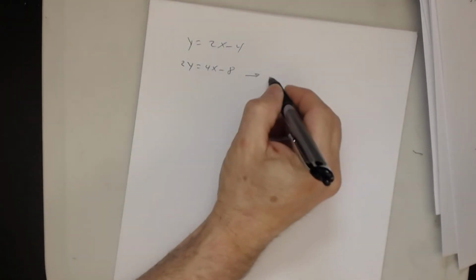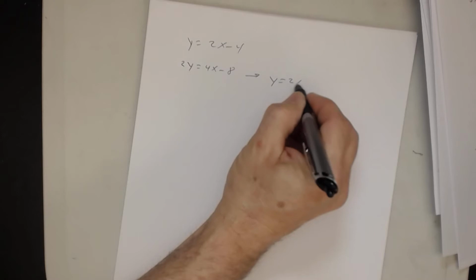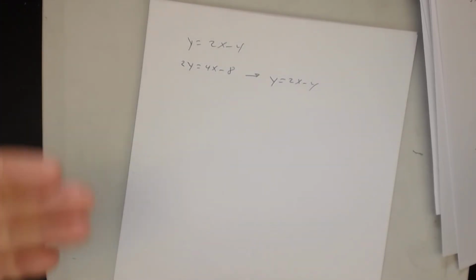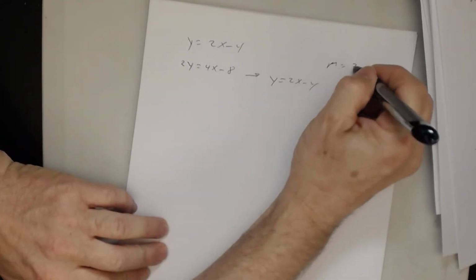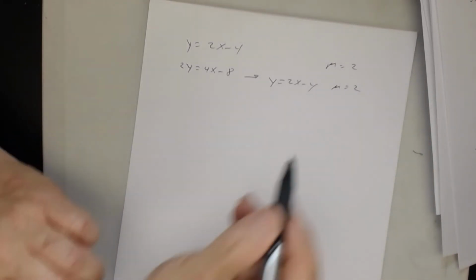When I graph those equations, and you get y by itself here, what do you notice? They're the same. So when you graph both of them, they do what? Overlap. Now the slopes are the same, so you might say, oh, the lines are parallel.